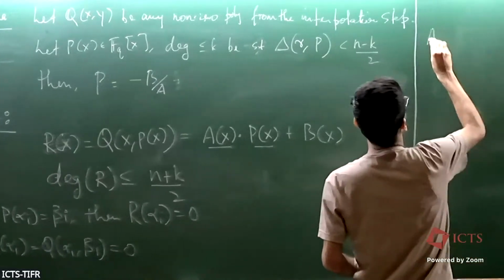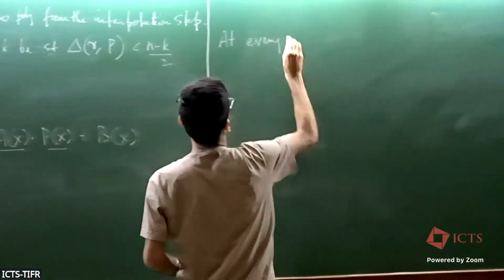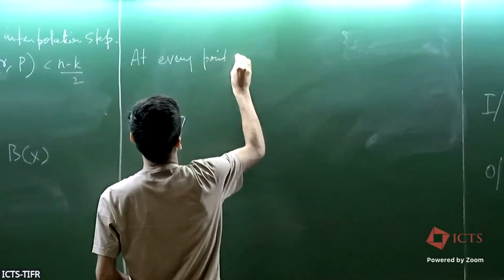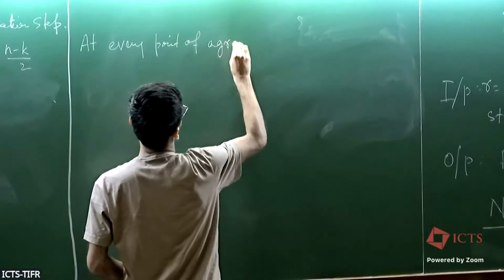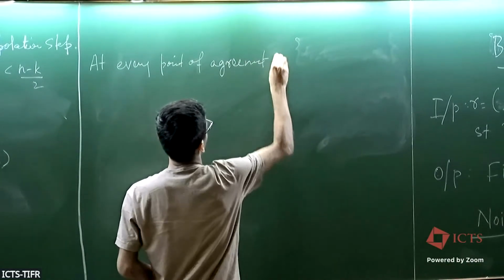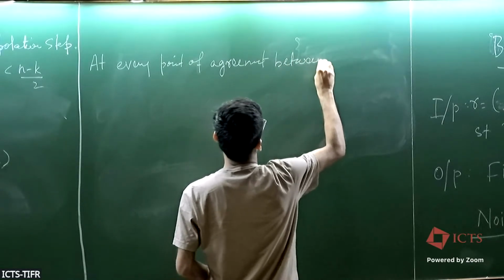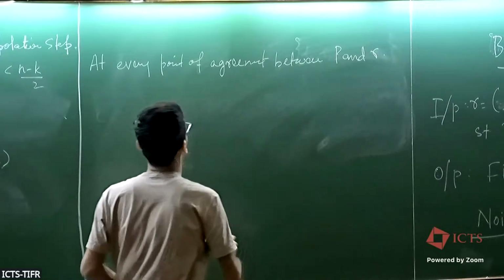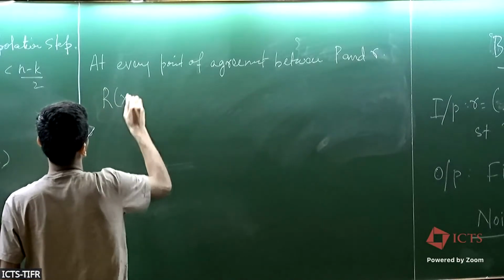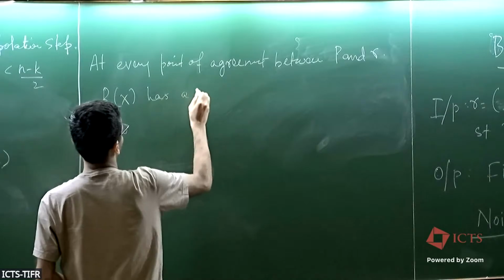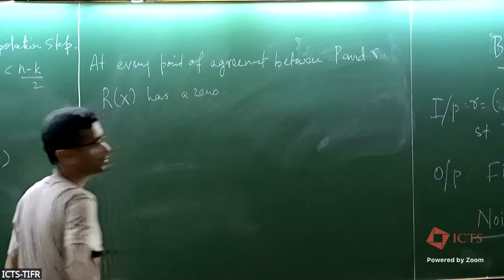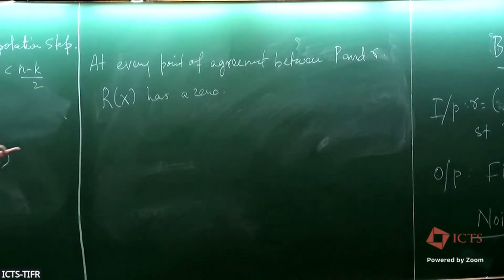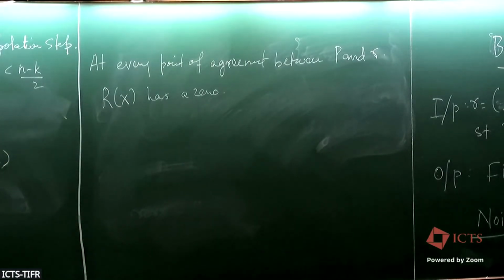So at every point of agreement between P and little r, the received word, R of X has a root. But suppose P and R agree at more than n plus k over 2 points.